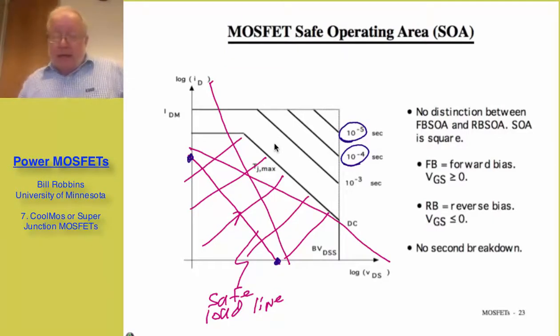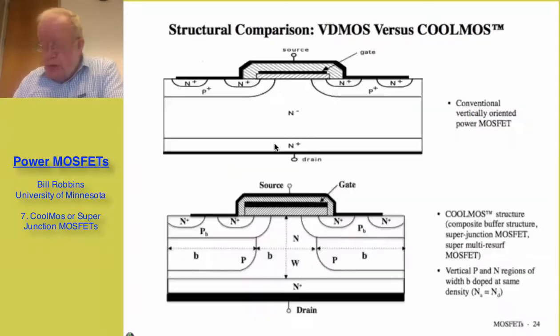Within the past decade or so, there's been a new geometry for a power MOSFET that's been developed. That is the so-called COOLMOS or super junction MOSFET or super multi-resurf MOSFET. This diagram or slide shows the difference between a vertical diffuse MOSFET and the COOLMOS. The upper slide is your conventional VDMOS power MOSFET.